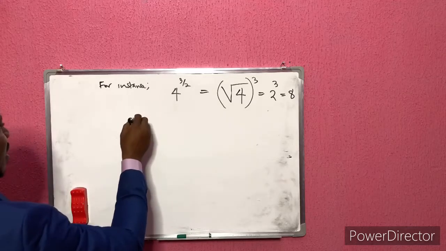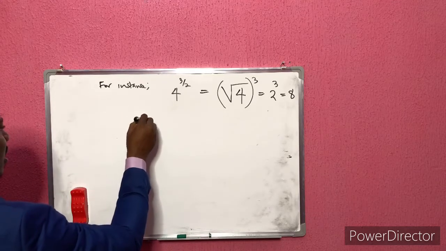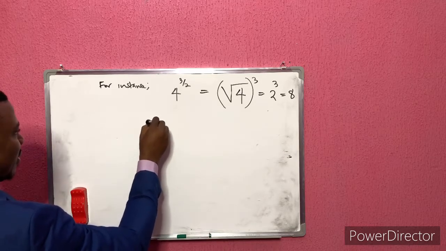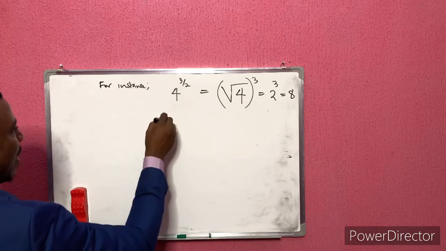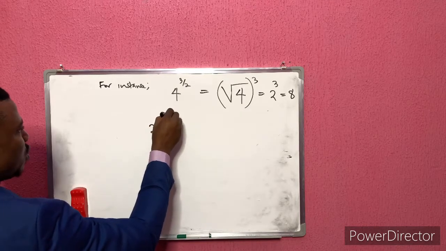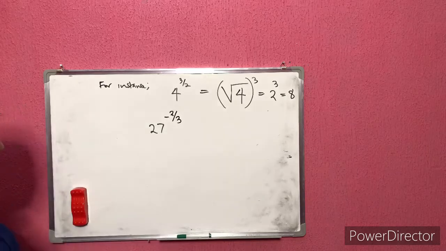Also, if I have 27 raised to power minus 2 over 3. Very interesting.